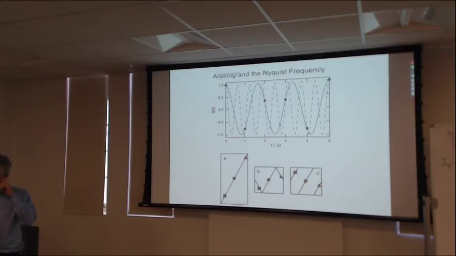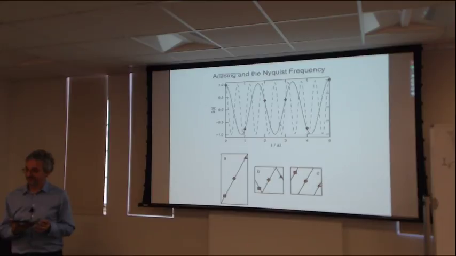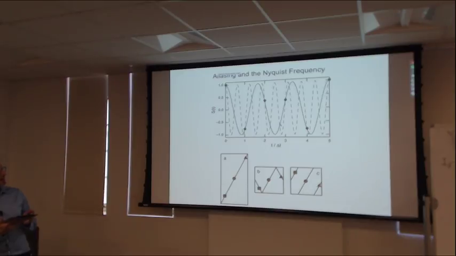What happens if we sample with too large an increment? Now I have two signals, but my sampling points are the black dots. I have two different frequencies. You can see that they're different, solid line and dashed line. But at the points I sample, the two signals are crossing each other.